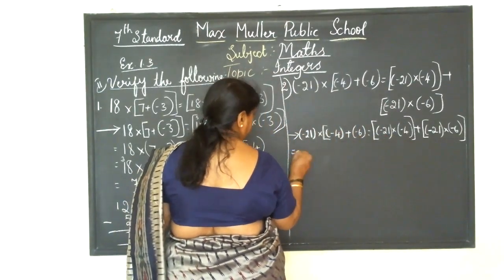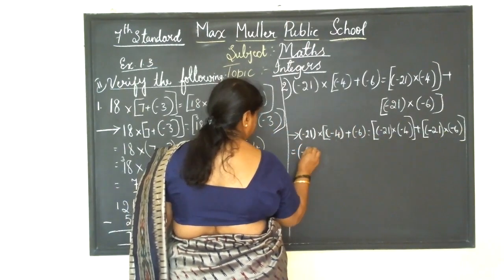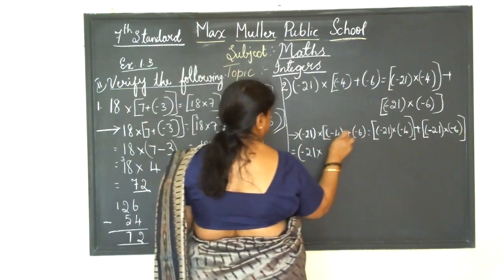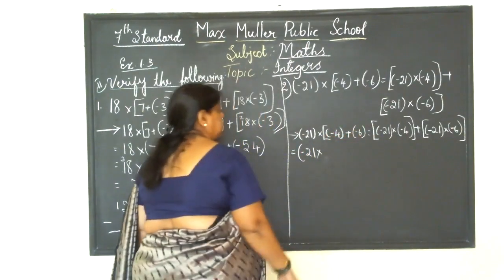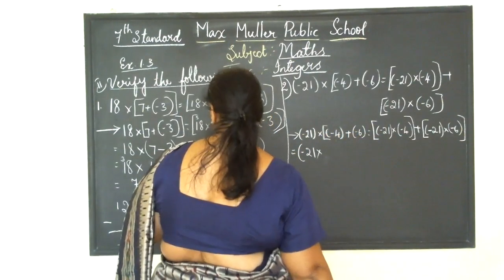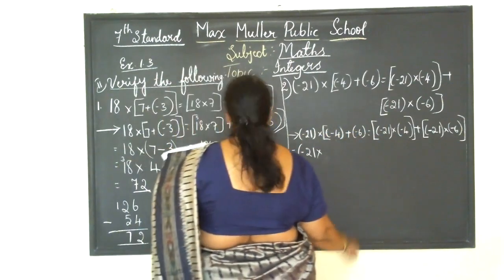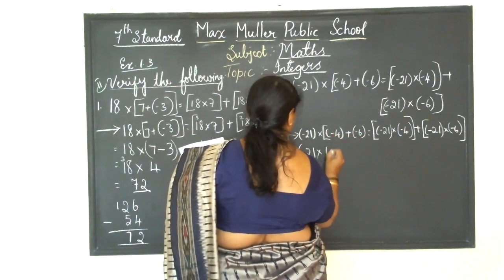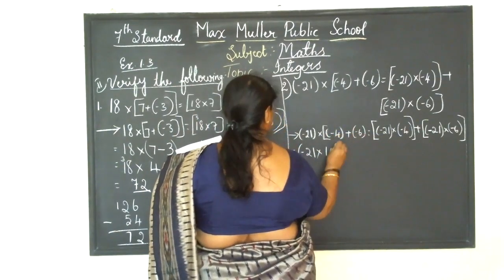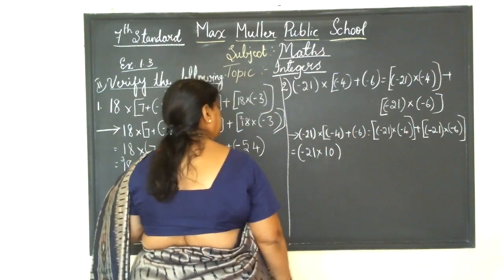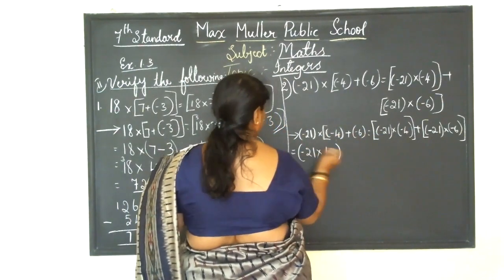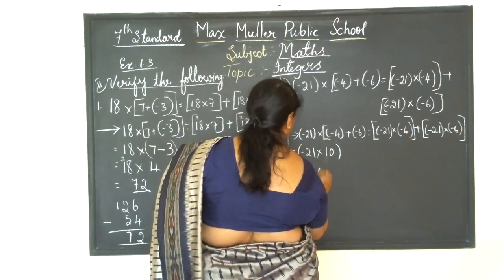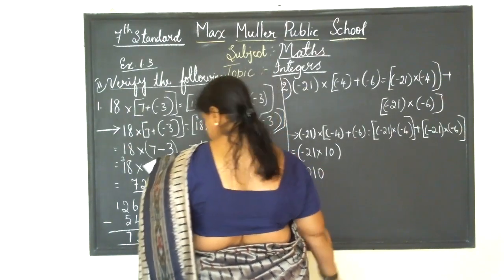Now we are starting with the solution. Minus 4 plus minus 6: plus into minus, so we add, 4 plus 6 is 10. Then minus 21 into 10 is minus 210.